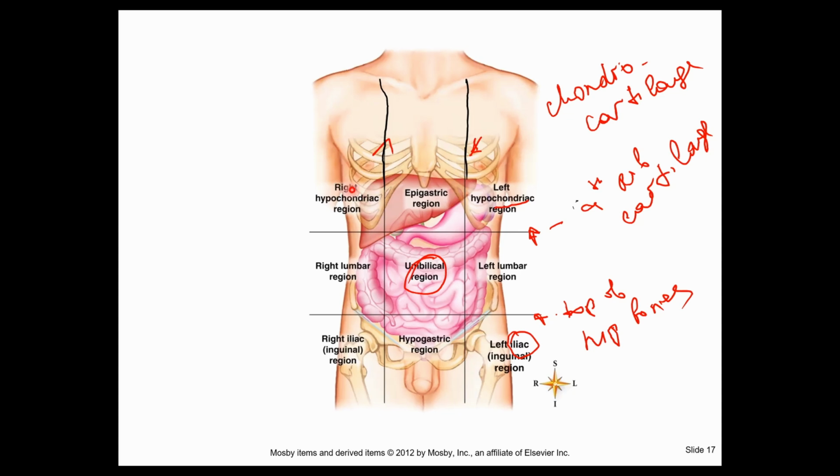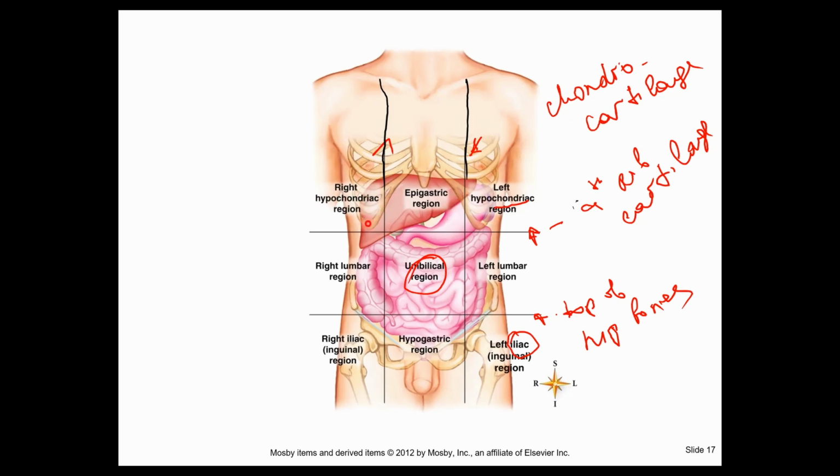And then as we look up here, we have the hypochondriac regions, right and left hypochondriac. Chondr here is the word root. Chondr means cartilage. Hypo, you already know, is the prefix for below, and ic means pertaining to. So pertaining to below cartilage. Where's the cartilage here?